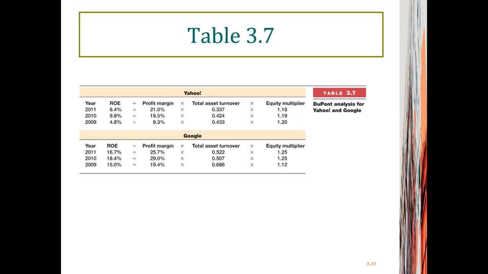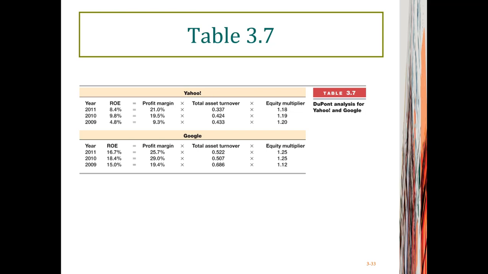But here you would say, hey, the major contributor for low ROE in year 2011 for Yahoo is due to its operating leverage, because the total assets turnover was significantly lower. Although profit margin has improved, the major drag here is operating leverage, or total assets turnover.